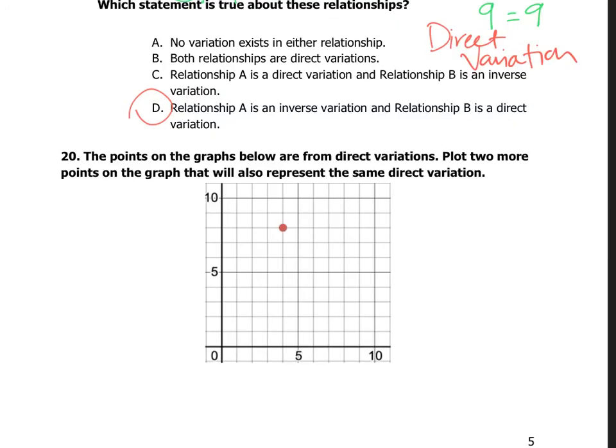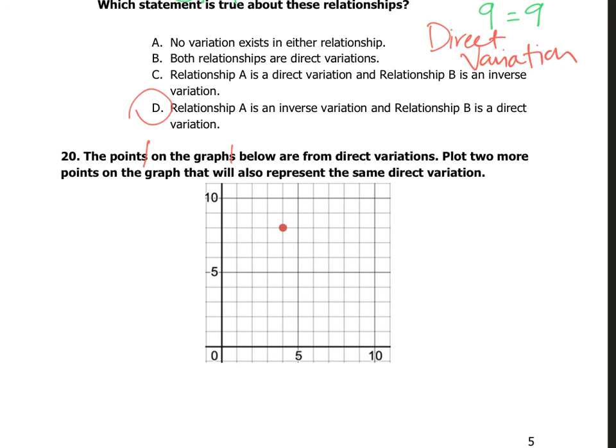This last question is asking us the points on the graph below, sorry about that, is from direct variations. Plot 2 more points on the graph that will also represent the same direct variation. Sorry about that.